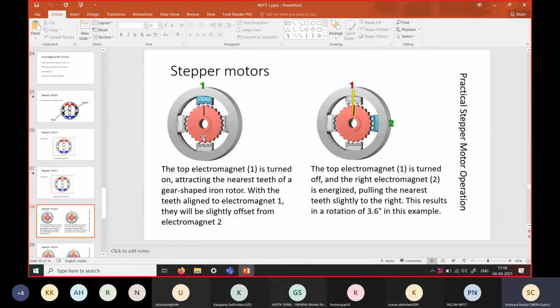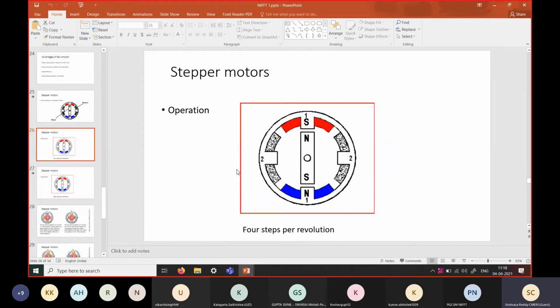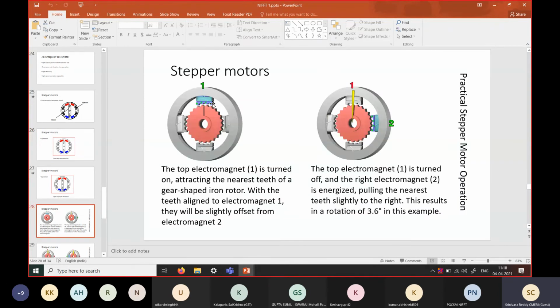Here the rotor, as it is a magnetic material, will simply be attracted to the magnetic field, but it will not show any south or north pole. This type of construction we have seen only for understanding the principle of operation. But practically the stepper motor looks like this.